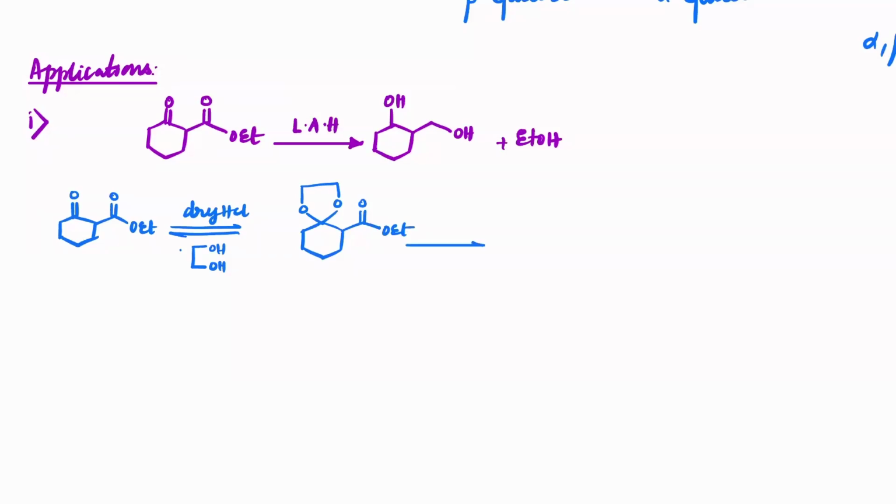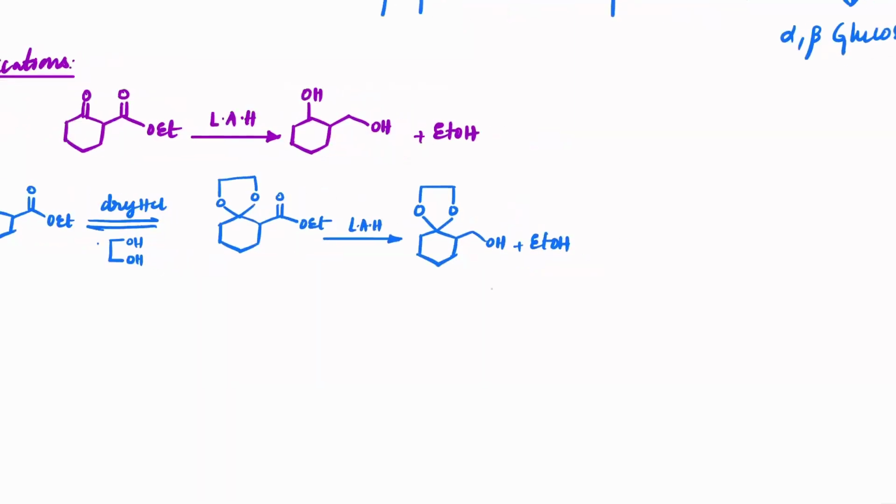And now you react with lithium aluminum hydride. See, usually lithium aluminum hydride is basic in nature, and you know that acetals are not disturbed in any kind of base. So no disturbance will happen on that position. This will still remain the same. But here the reduction will take place.